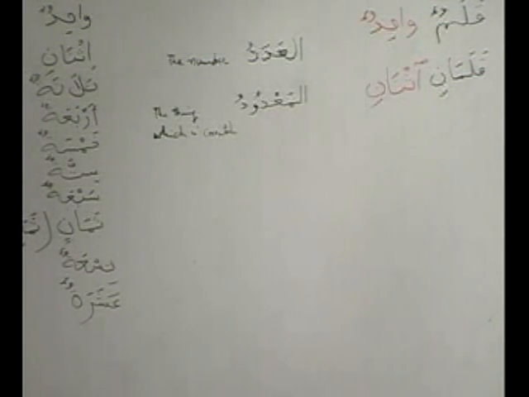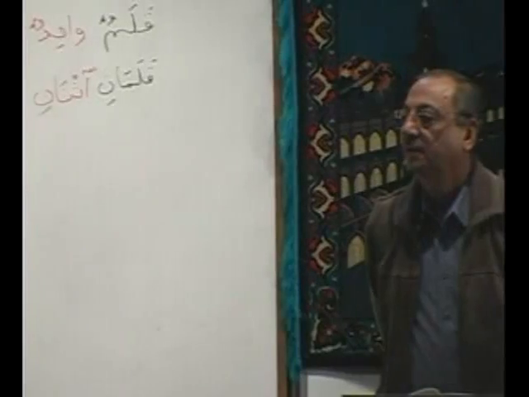That is why we had a sentence in the last lesson. Kam akhan laka ya Muhammad, or ya Mahmud, whatever you say. What was the answer? Li akhun wahidun. Remember? We said Li akhun wahidun. Remember that, brothers and sisters?